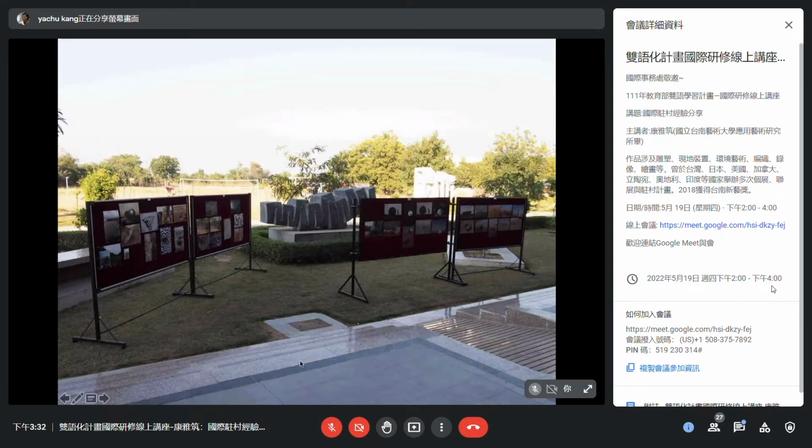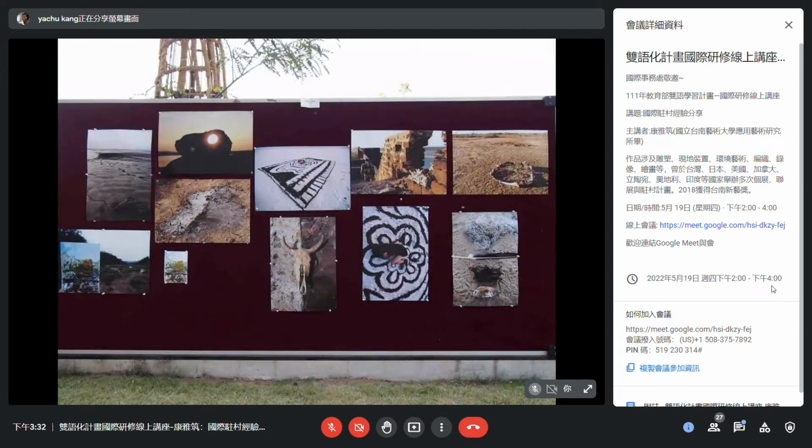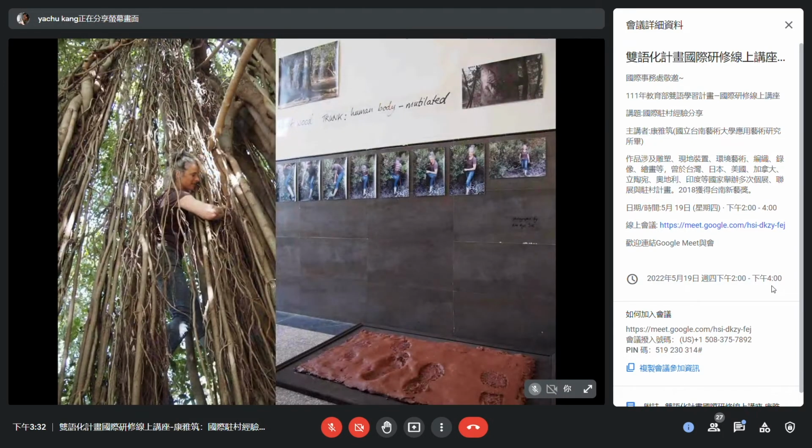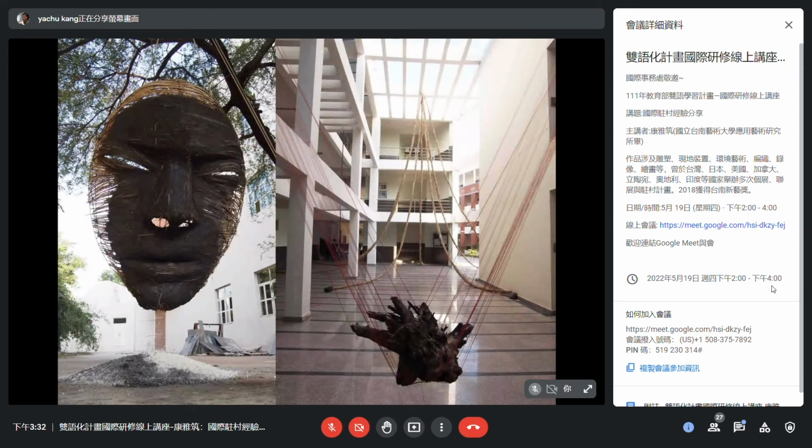And in the end, we have to choose 10 photos of what we did from the trip and show on this board. And this is the artist that I say she was climbing the tree everywhere. I quite like her idea, her concept. And this is other artists.